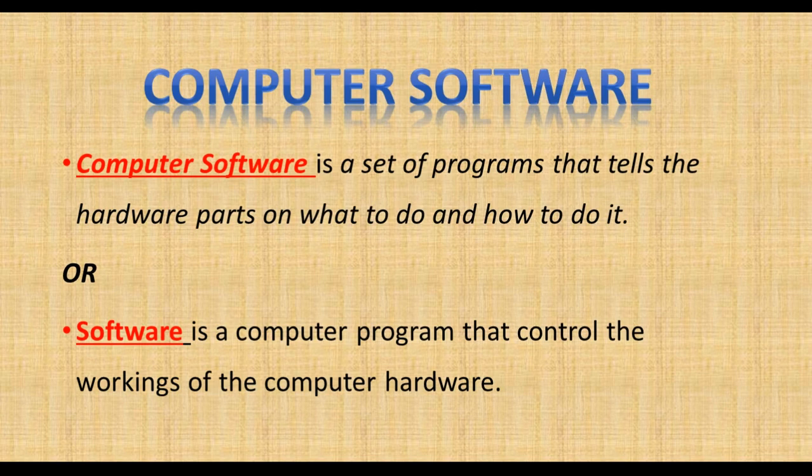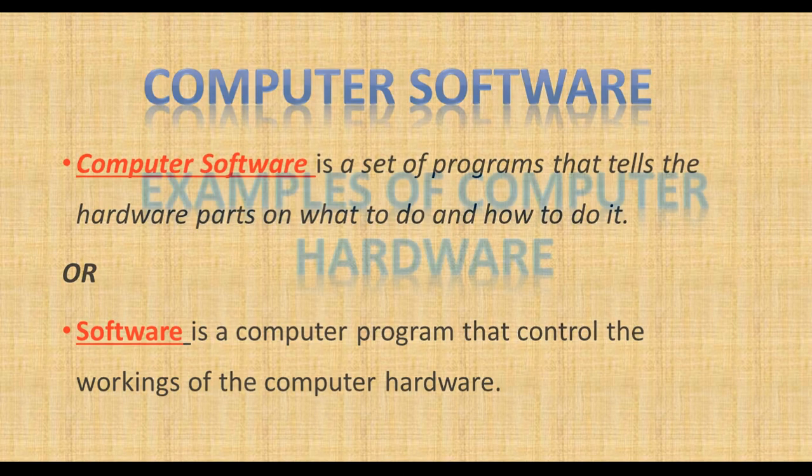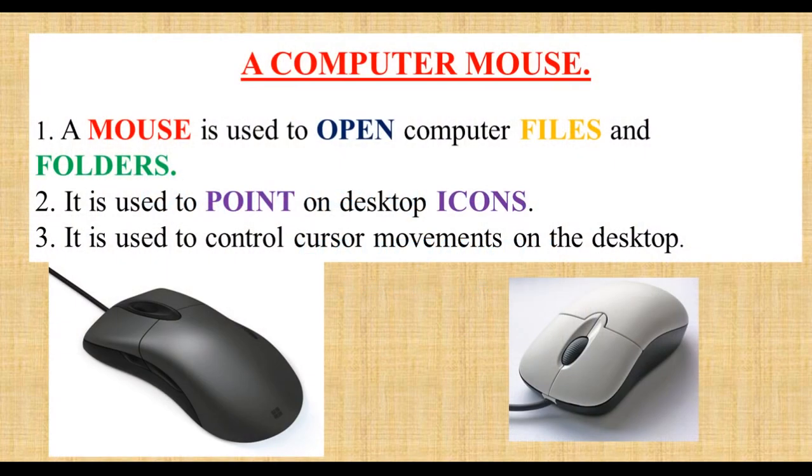Now let us identify some of the examples of computer hardware. Among those computer hardware parts, we have a mouse, and a mouse is used to open files and folders. We can also use it to point on desktop icons, and we can also use a mouse to control the cursor movements on the desktop.